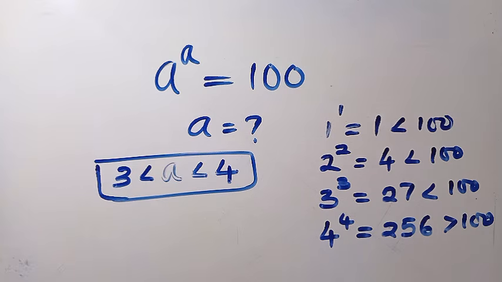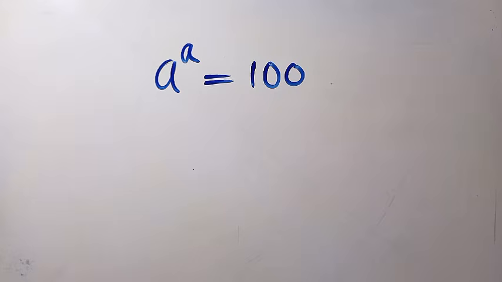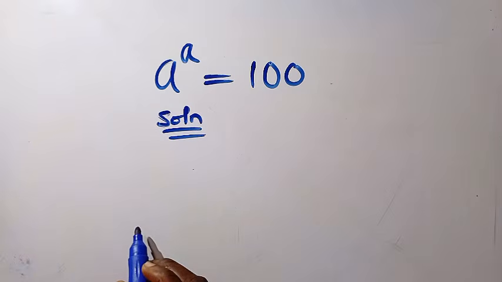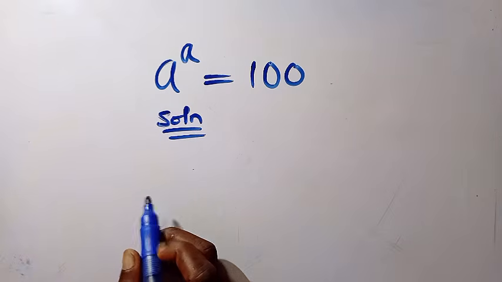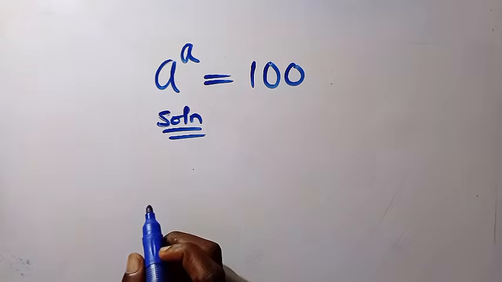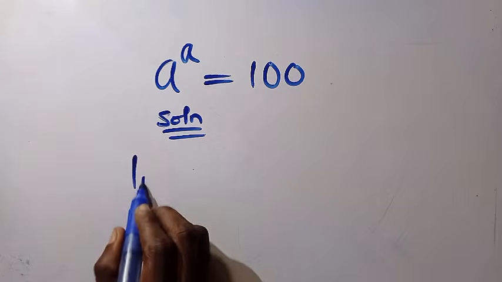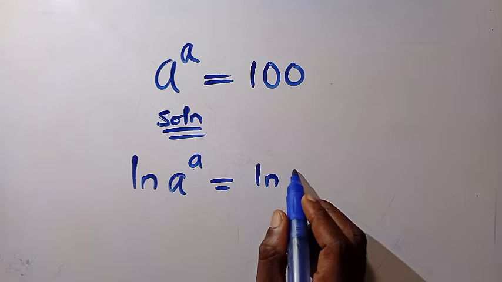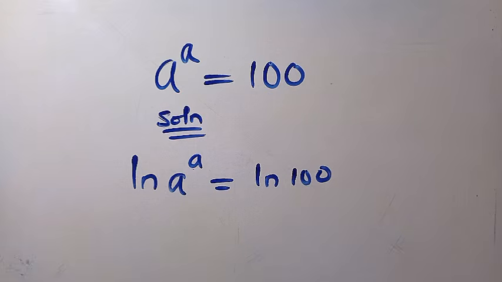So let's see how we can get the value of A. Since the answer falls between 3 and 4, let's try to consider the solution now. What we do here is introduce logarithm to both sides, so we have ln of A to the power of A equals ln 100.